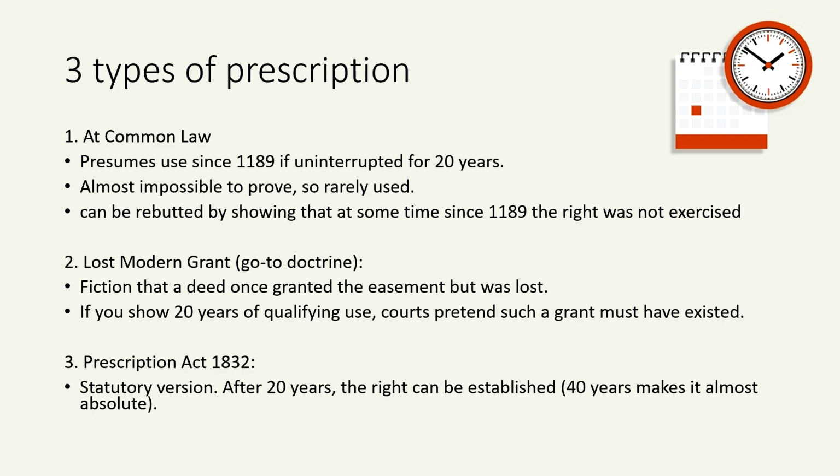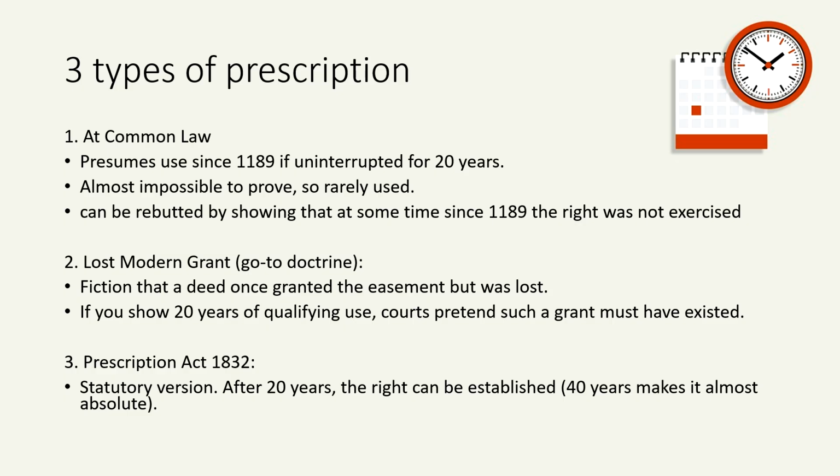So if you can show that the easement or the right has been used for 20 years, then the courts just pretend that sometime in the past there must have been an express grant behind it.